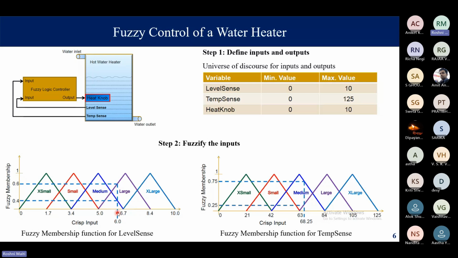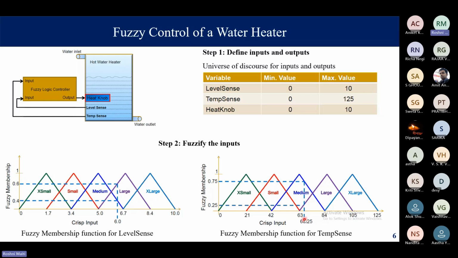Rather, 6 is cutting the medium level at 0.4, and again cutting the large level at 0.6. Therefore, we can say this crisp value 6 belongs 40% to the medium membership function and 60% to the large membership function.